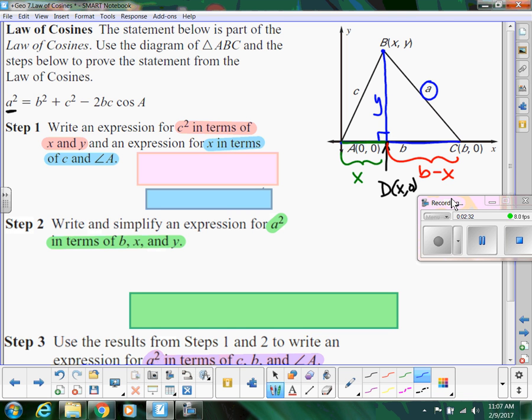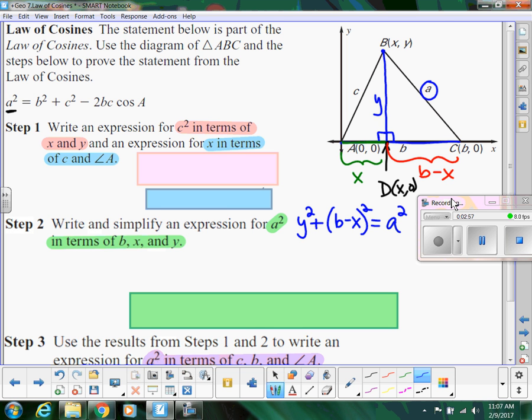So we're going to use that right triangle on the right-hand side and do the Pythagorean theorem. a squared is my hypotenuse, so I'm going to have y squared plus b minus x squared, the other leg of that right triangle, equal to the hypotenuse squared.